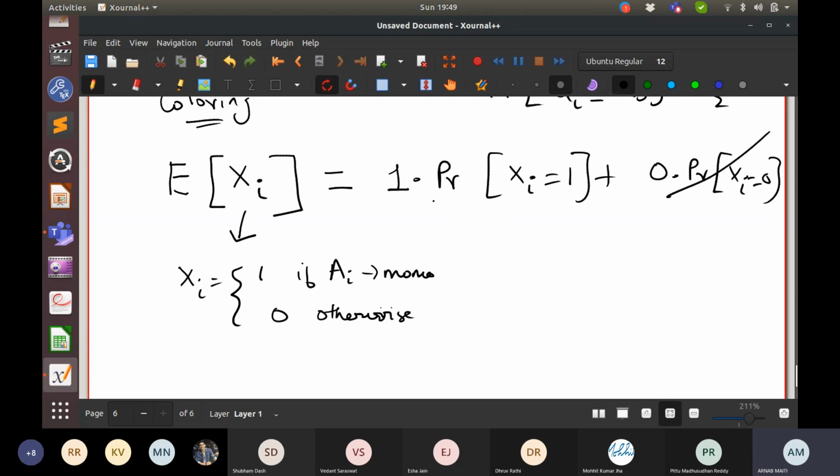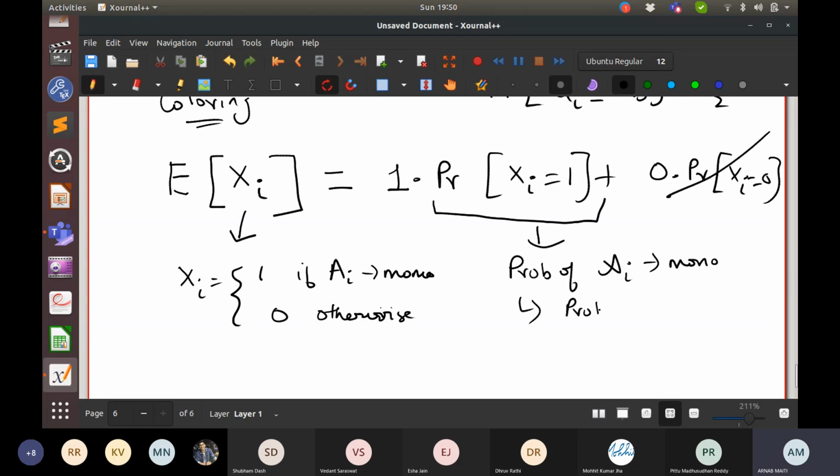So we want the probability of xi equal to 1, which is nothing but the probability of Ai being monochromatic, which means the probability that all colors are the same.